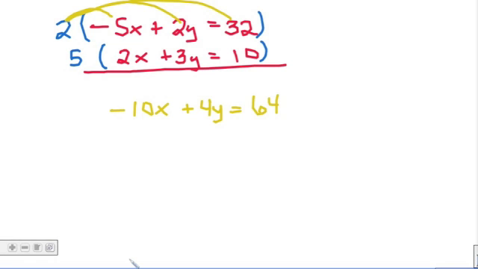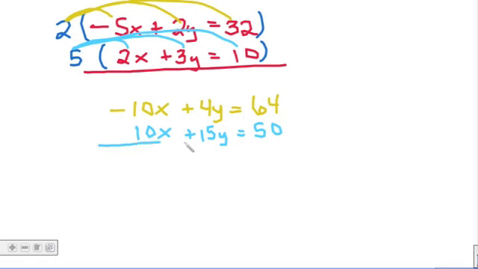All right, we're done with that first one. Now let's do the next one. We have 5 times 2x is going to give me 10x plus 5 times 3y gives me 15y equals, and last time, 5 times 10 gives me 50.